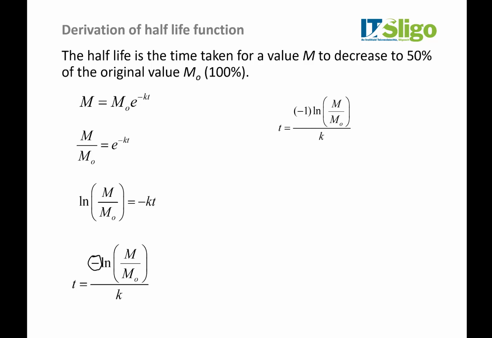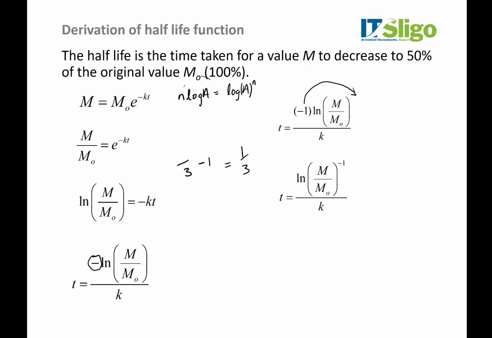Now if you remember from your rules of logs, n times the log of a is the log of a to the power of n. So I'm going to bring the n up as a power. And that's what's happening here. Now, anything to the minus 1, 3 to the minus 1 is 1 over 3.